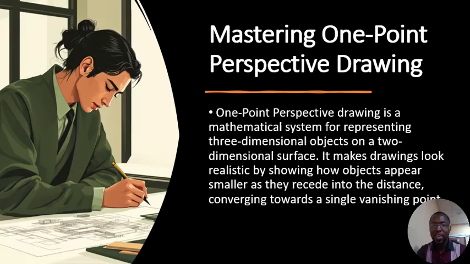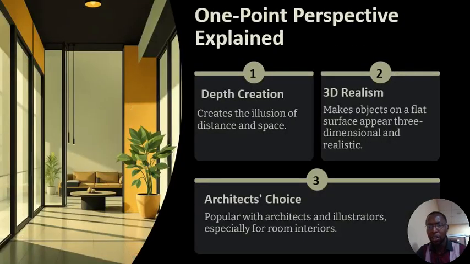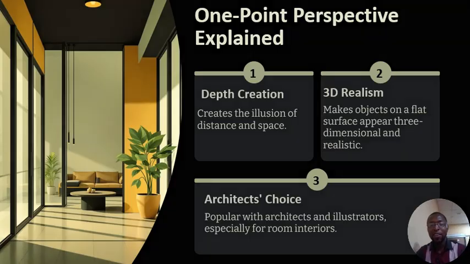What exactly is this one point perspective drawing? We have talked about isometric drawing, we have talked about oblique drawing. This is another one: one point perspective drawing. It is a type of drawing that creates the illusion of distance and space. Take a look at this diagram on your left hand side here. You can see that this is a room. It seems like the picture is far away from the viewer.